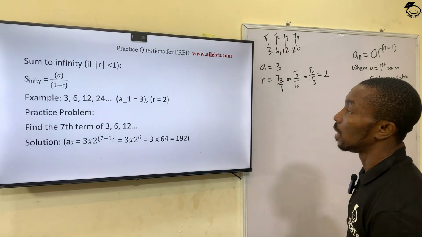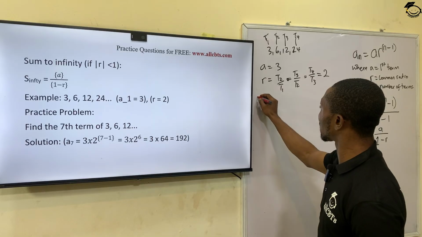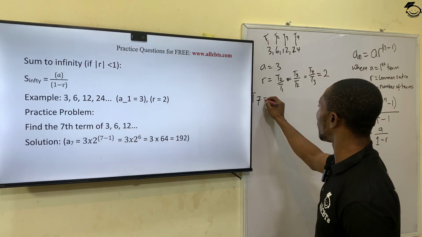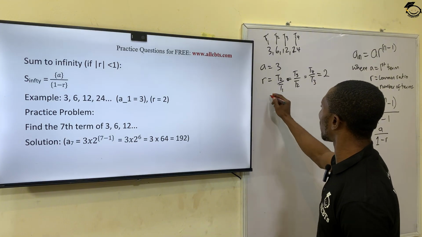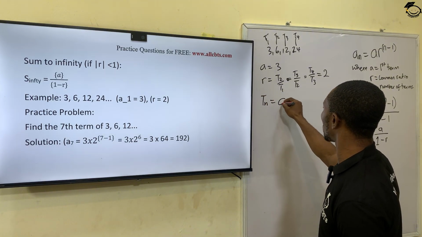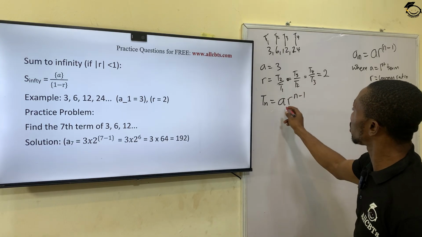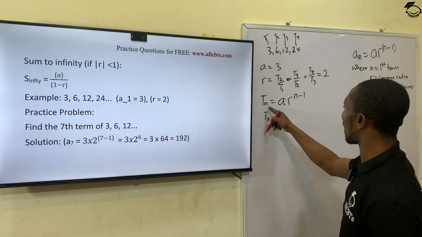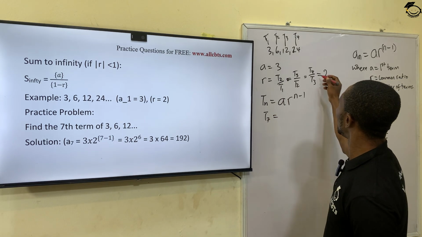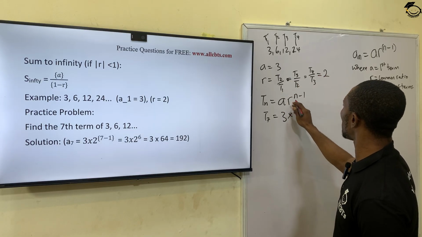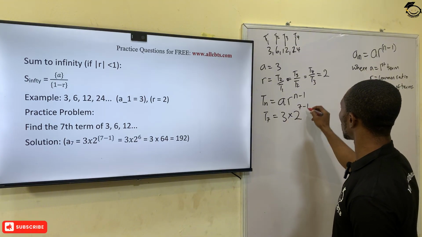Okay, now it says find the 7th term. If we want to find our 7th term, which is T7, let's start with our formula. Tn equals a r to the power n minus 1. In this situation, n is 7, which is the 7th term we are looking for. a is 3 times r, which is 2, raised to power 7 minus 1.